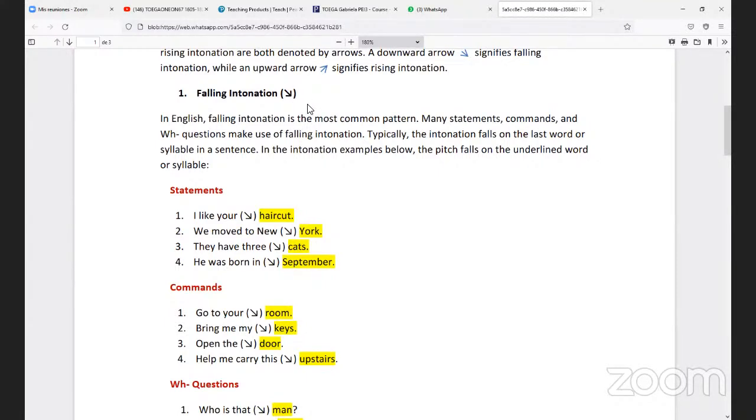Because in many sentences, commands, or even questions, when we end the sentence or the question, we are always going to be very calm, so we use the falling intonation. How can we detect this? When you were saying what you did last weekend, you said many sentences, right? For example, I like your haircut. This is normal, but it falls: haircut.